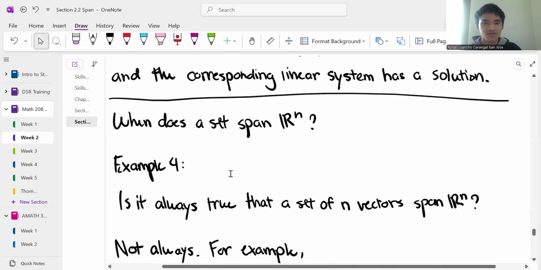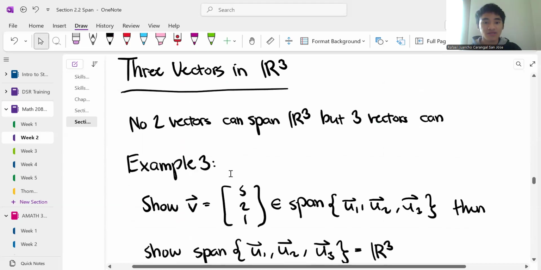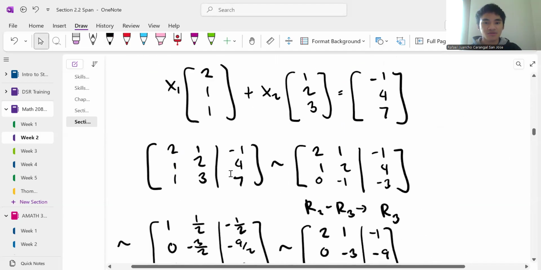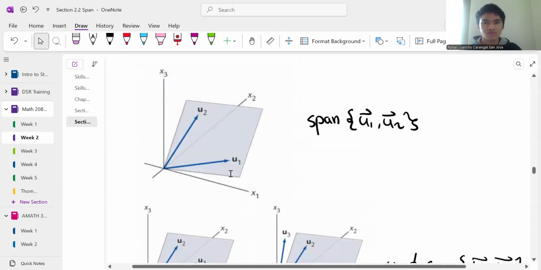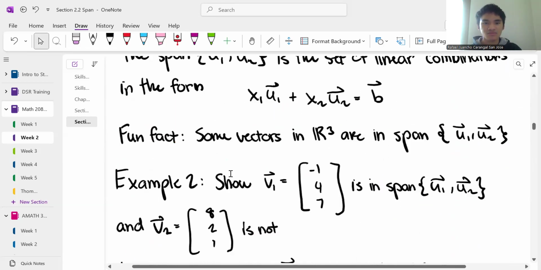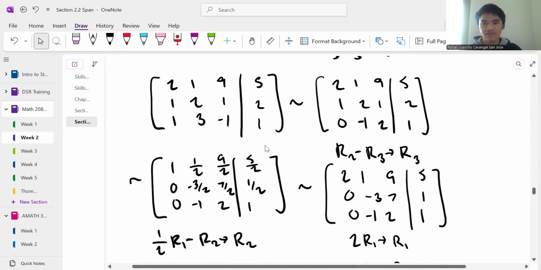What example was this? Oh, I did show it in example 2. No solution. Example 2. Yeah, this one doesn't span R3.